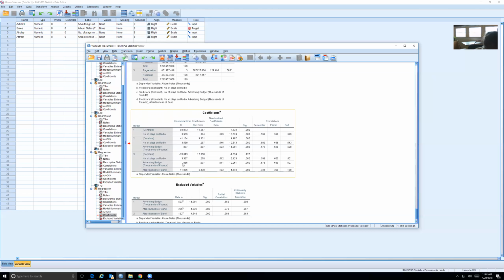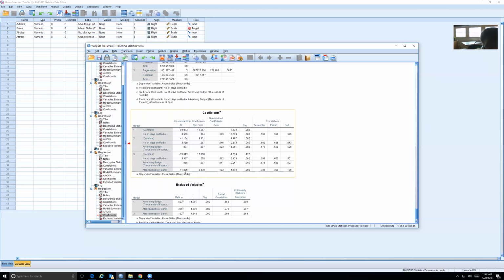So I realize that that's a lot of information, but it's kind of like looking at it in terms of ANCOVA. We're accounting for plays on the radio, attractiveness of band. We're trying to hold those constant. If you don't make any change in either of those, but you add 1,000 pounds to your advertising budget, you are going to sell 0.085 times 1,000 more albums. So it's actually 85 more albums, okay?